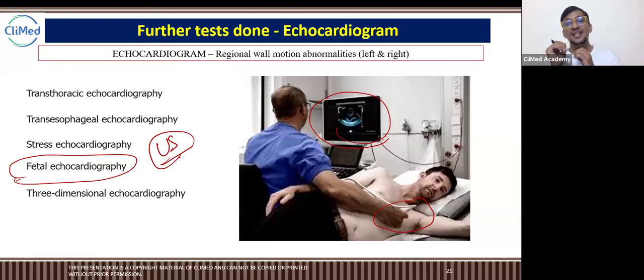The sharpness of catching the echo sounds is higher in the fetal echocardiogram, so it can catch all the sounds of the baby's heart. It is a customized one, and here the probe is also very small.